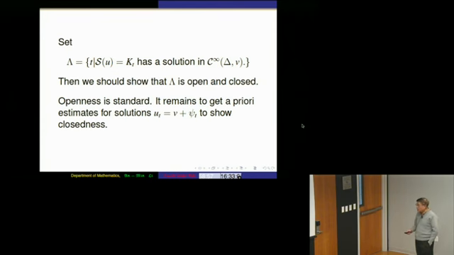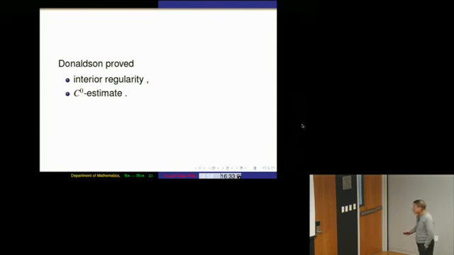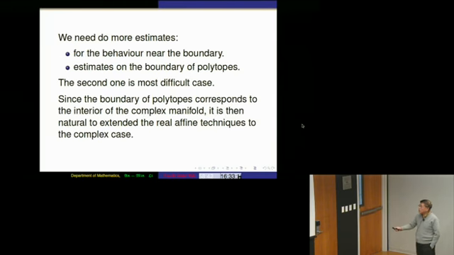This is important. Donaldson has proved interior regularity for 2 dimensions and got the C0 estimate. So we need to do more estimates, for example for the behavior near the boundary and estimates on the boundary of the polytope. This is the most difficult case, because the boundary of the polytope corresponds to the interior of the complex manifold.